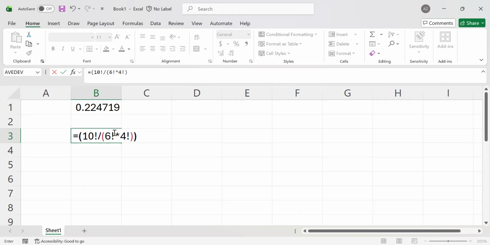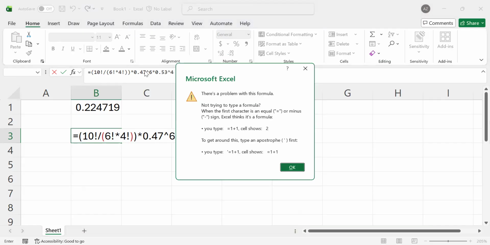That will be the numerator, and then multiply by 0.47 to the 6th power times 0.53 to the 4th power, and then we get the result.